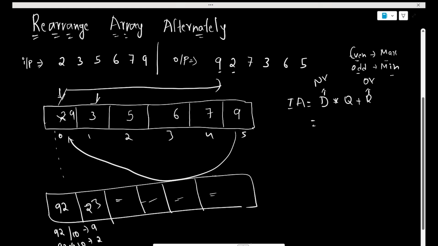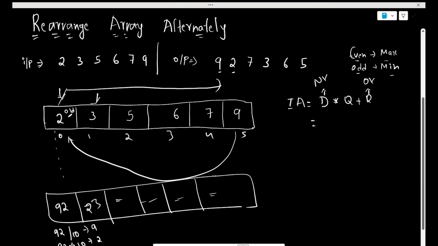In the first case, we are filling this 0th index. In the 0th index, what is the first present integer? 2. So this is the old value.